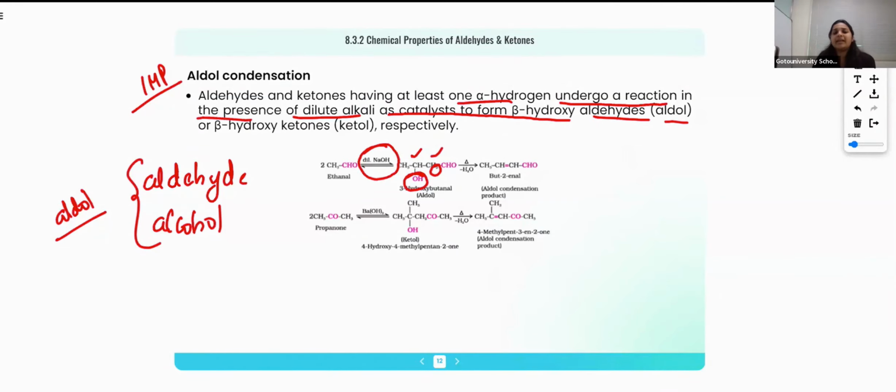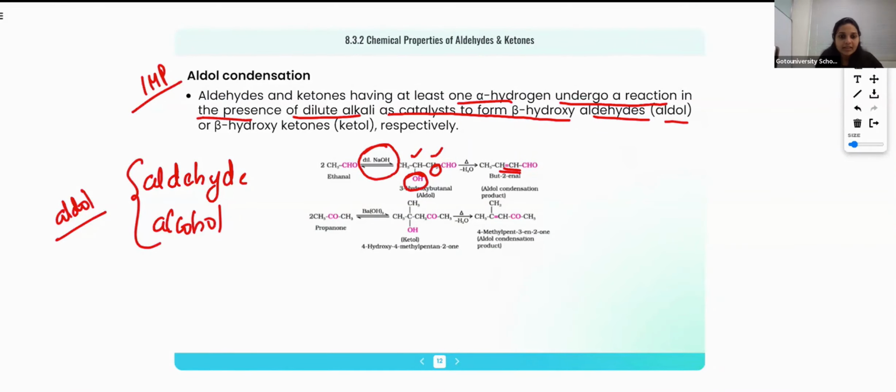So when the dehydration is taking place, a double bond will form between those carbons. This is called aldol condensation. Condensation means removing water. From the aldol, we are removing water.